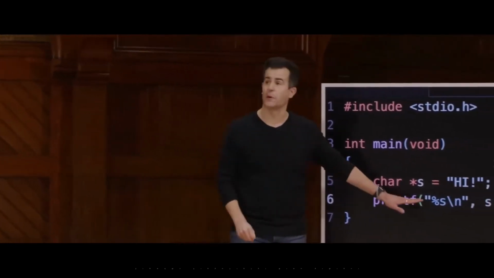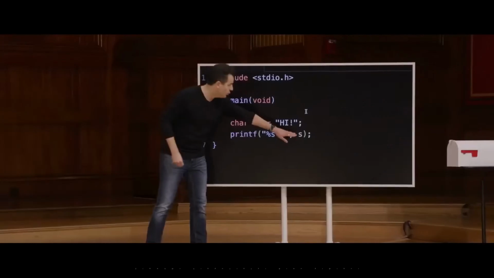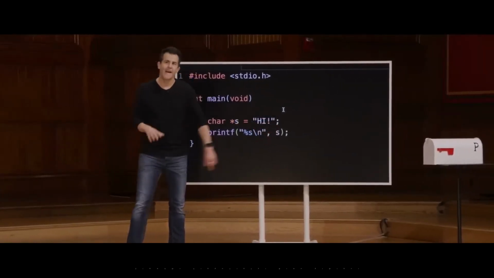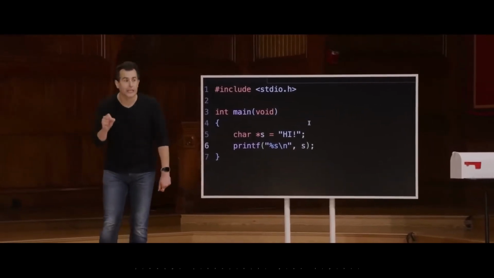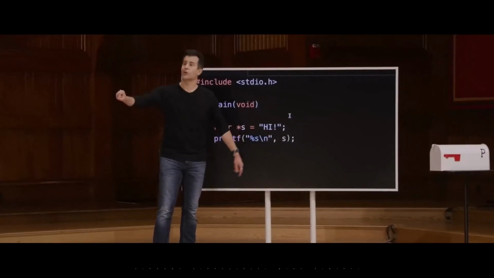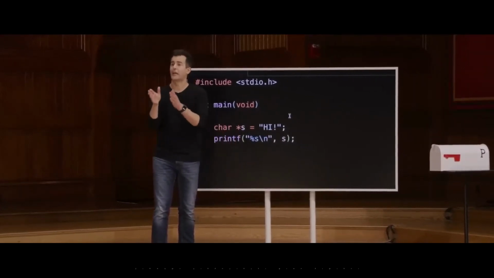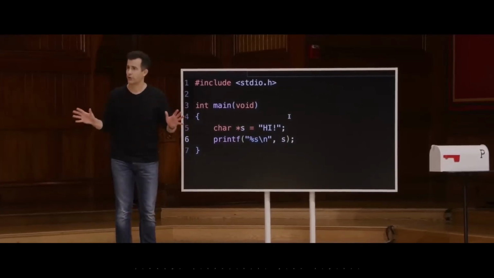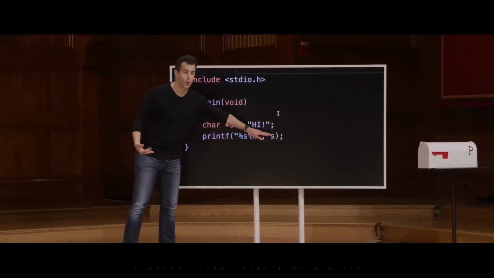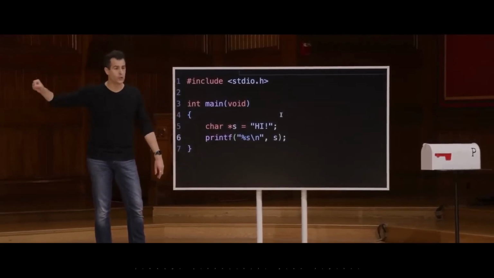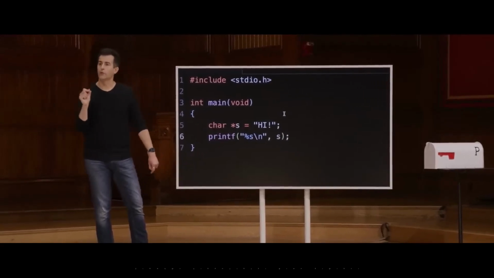Printf is taking on the responsibility for going to s. If you were to do star s here instead, that would now be literally a character. Because if I say star s, that means go to the address in s, and all you're going to find there is a single character. What printf wants to know is not what is the character there, but what is the address of that character. Why? Because printf needs to walk through the rest of those characters looking for the final null character.